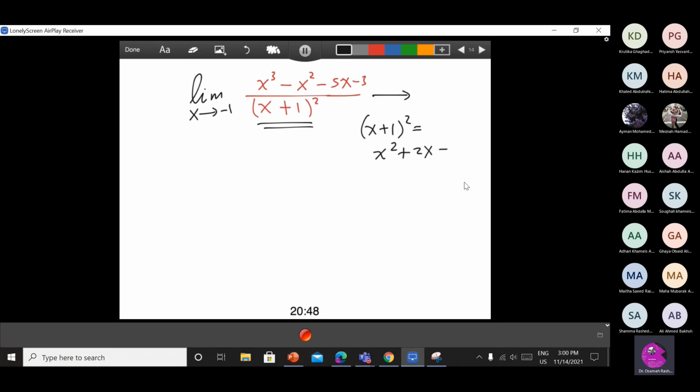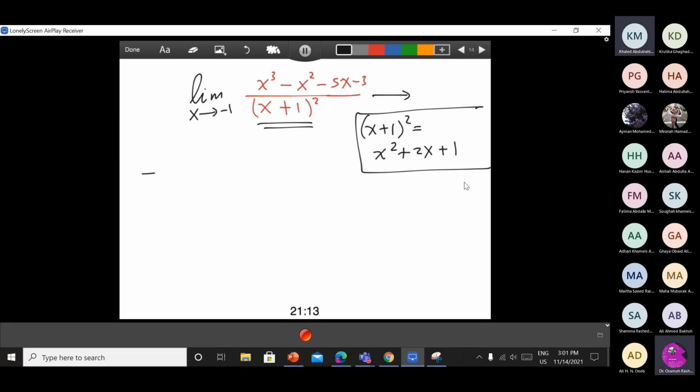So you have 2x plus the second one squared. So the degree of the numerator is higher, right? Yes, doctor. Oh, sorry, I've done a mistake. I was thinking about infinity, but the limit is when x tends to minus 1, right?